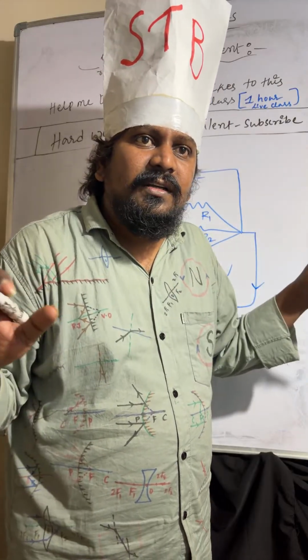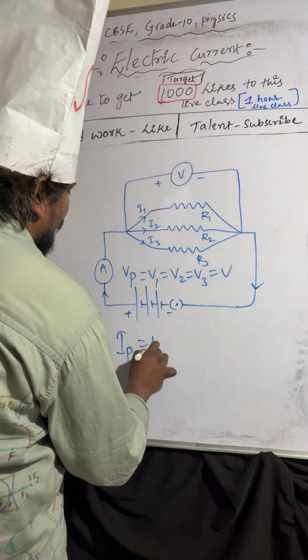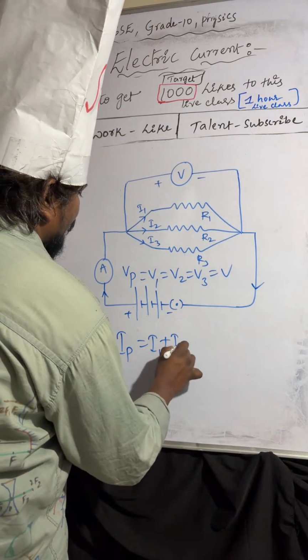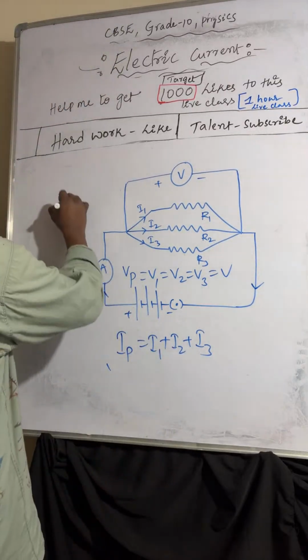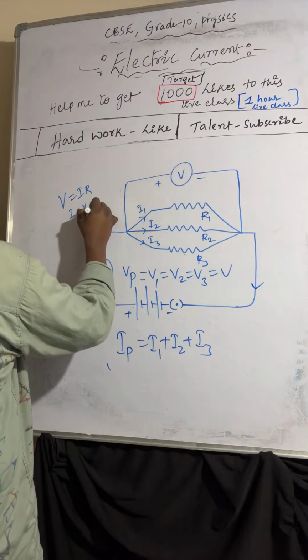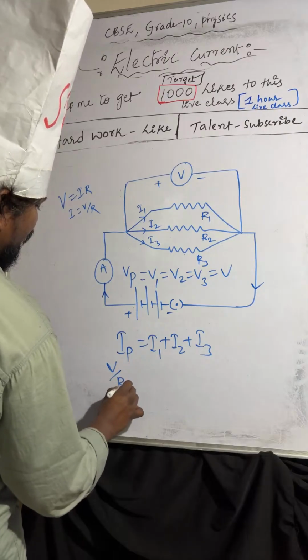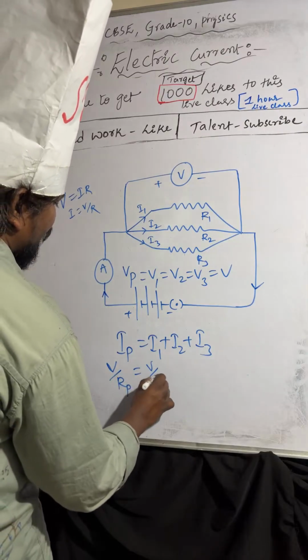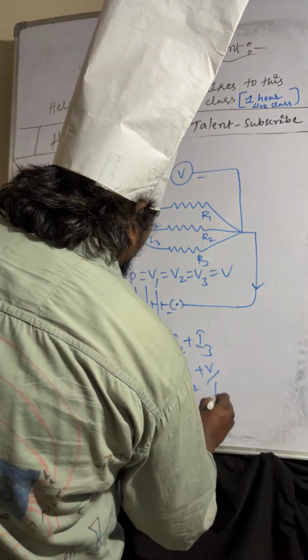So I_p equal to I1 plus I2 plus I3. From Ohm's law, V equal to IR, I equal to V by R. Then V by R_p equal to V by R1 plus V by R2 plus V by R3.